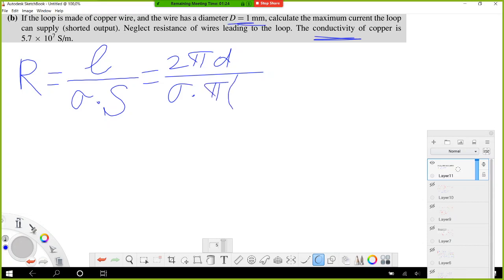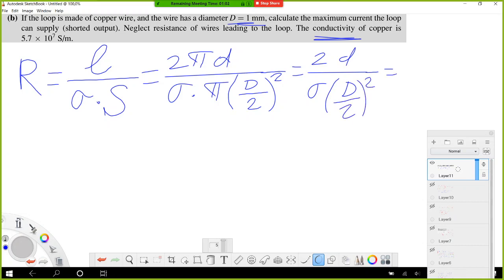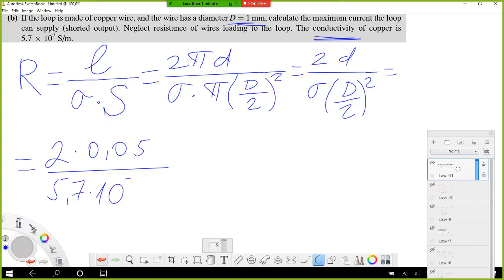The diameter is 1, that's why d over 2 squared, and the p and p simplifies to d over sigma d over 2 squared, which is 2 multiplied 0.05 over sigma, 5.7 10 to 7 multiplied 10 to minus 3 over 2 squared.